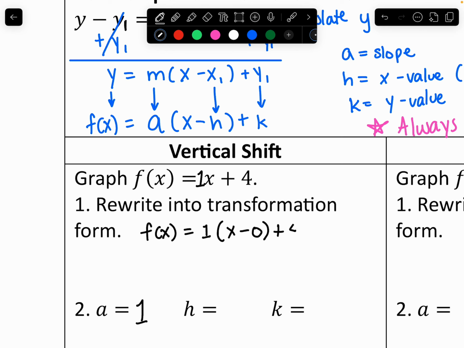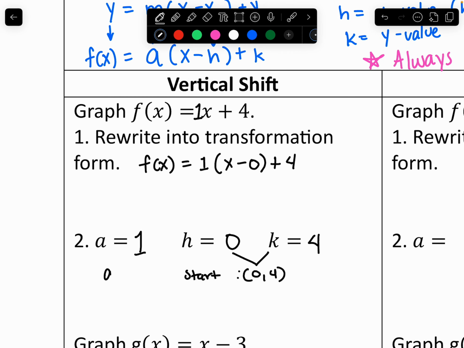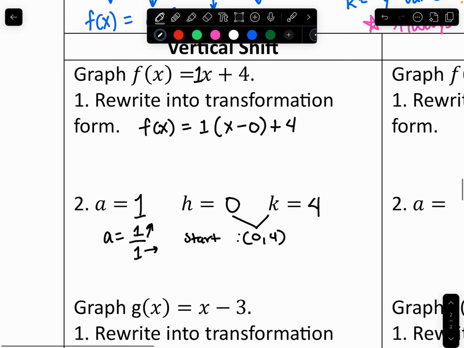And it looks like we do have something that's telling the truth, which is k. So now my h would be 0, k would be 4. So then we will start at hk at 0, 4. And then my slope would be 1 over 1. I go up 1 to the right 1.